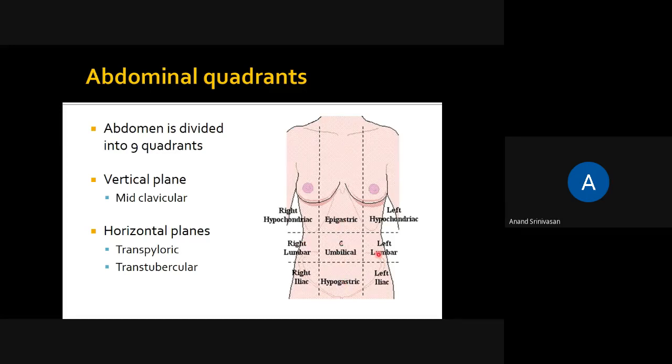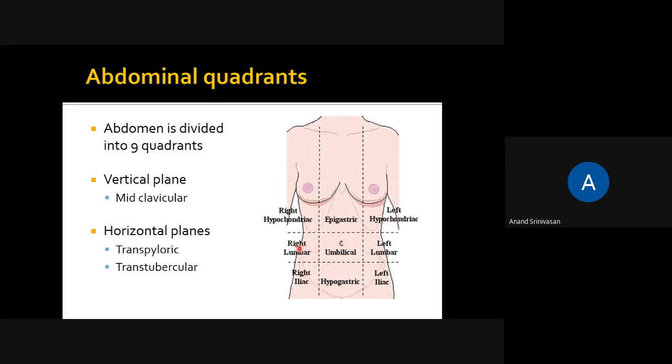Now on the sides, it's both right and left. It's quite easier. This is present below the ribs. Another name for ribs is chondriac, so this is called the hypochondriac region. There is the right and the left hypochondriac region.